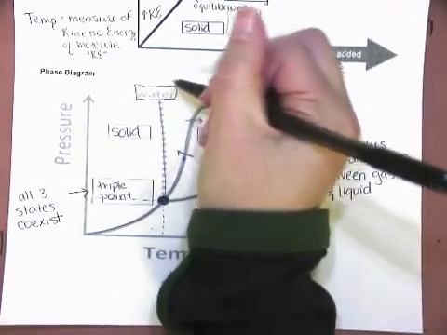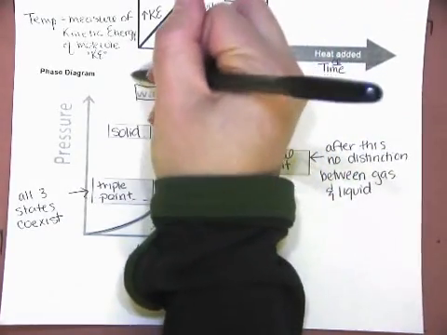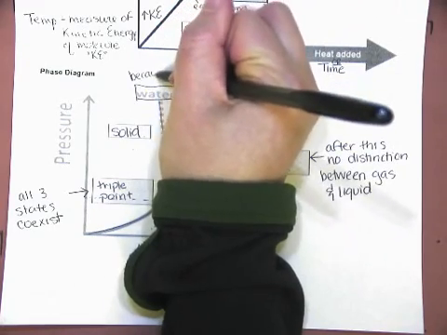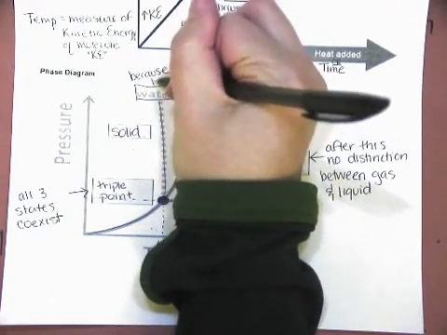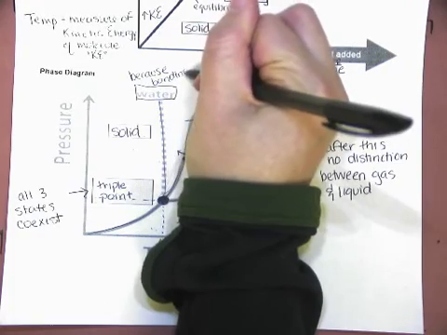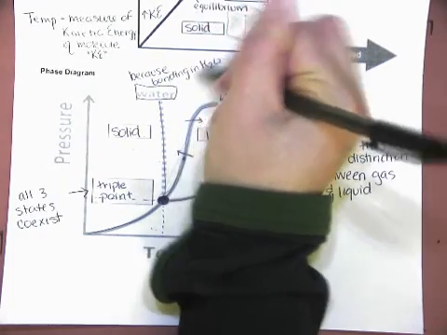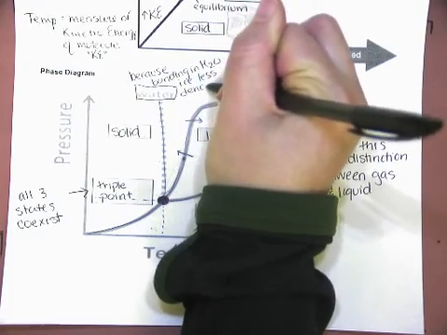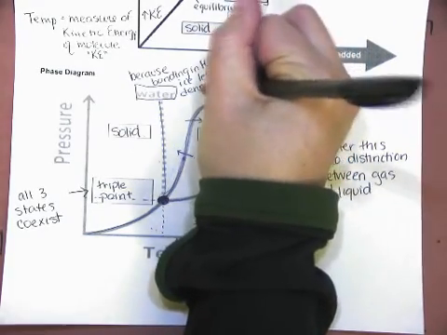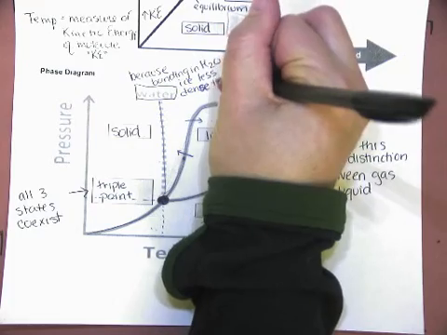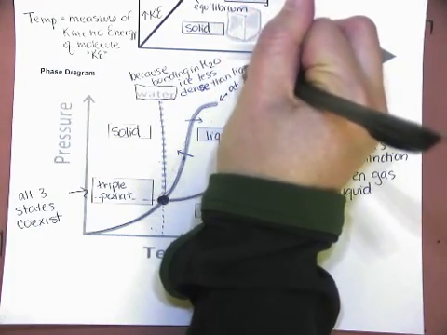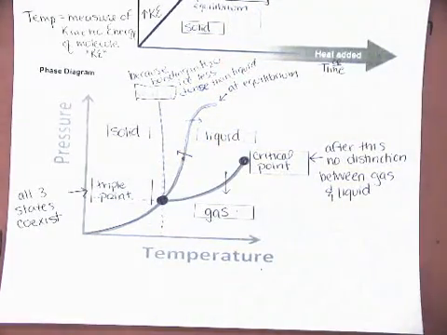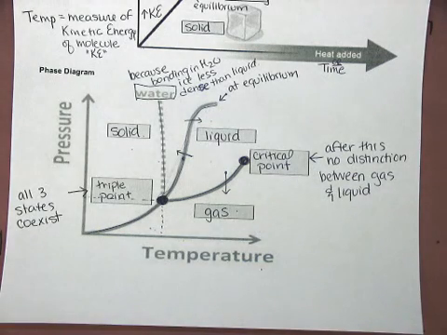And that has to do with the bonding in water, which causes ice to be less dense than our liquid, which is why ice floats. Okay, so we want to be able to read different points about these two graphs, and then be able to draw conclusions from them.